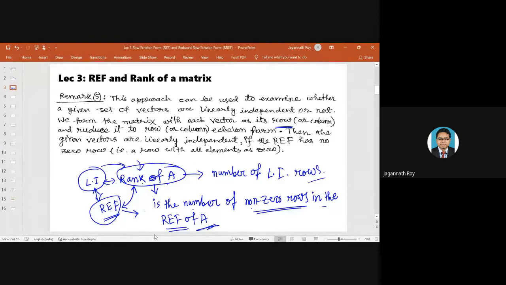In the previous class, we saw the relation between the linear independence of vectors and the rank of a matrix. Now today we are going to see this relation.